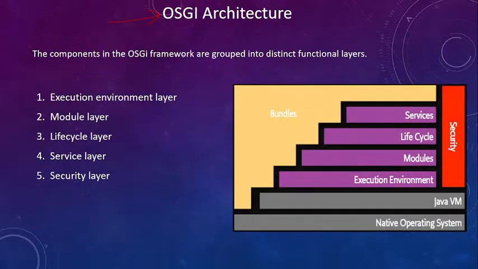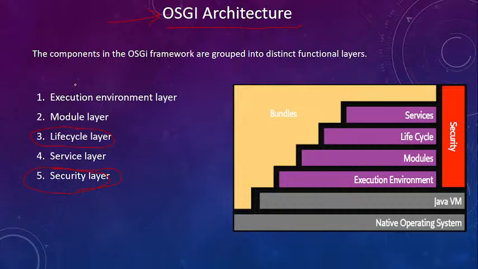Okay, now here we have the OSGi architecture. That means how they have created the OSGi architecture. Now we have discussed the life cycle, right? So this is the life cycle. It is managed inside this life cycle layer. After that, here we have a security layer. All the security it performs inside this security layer.